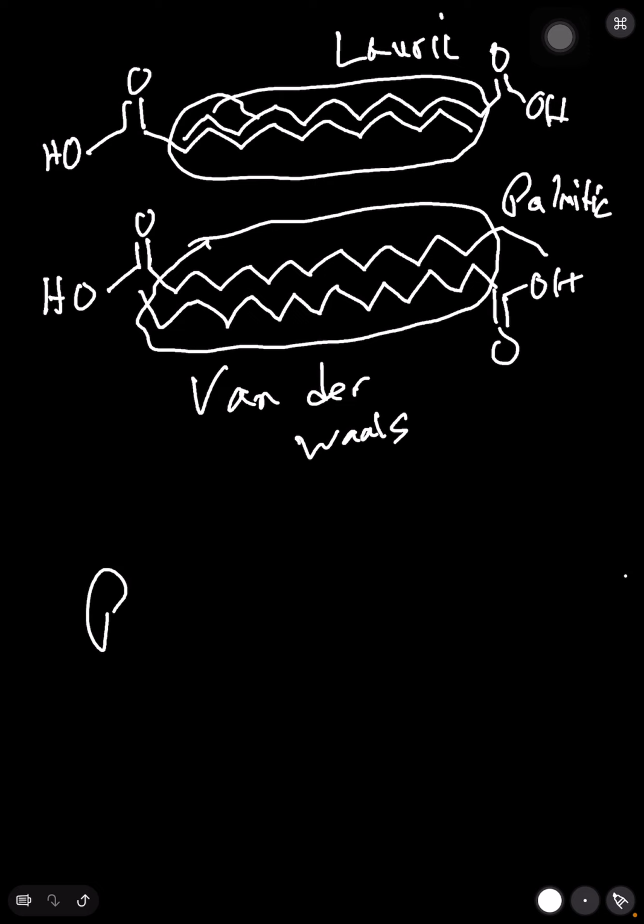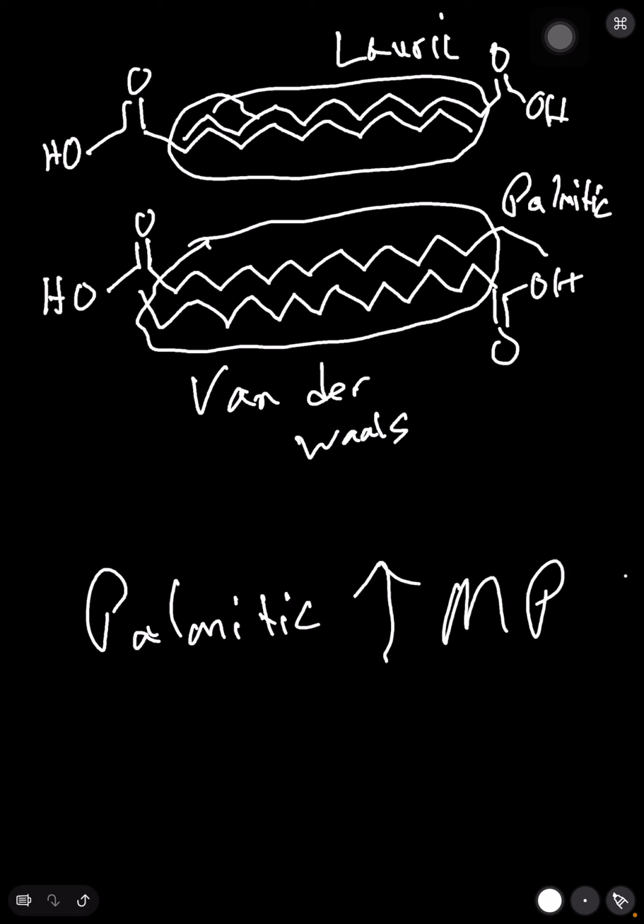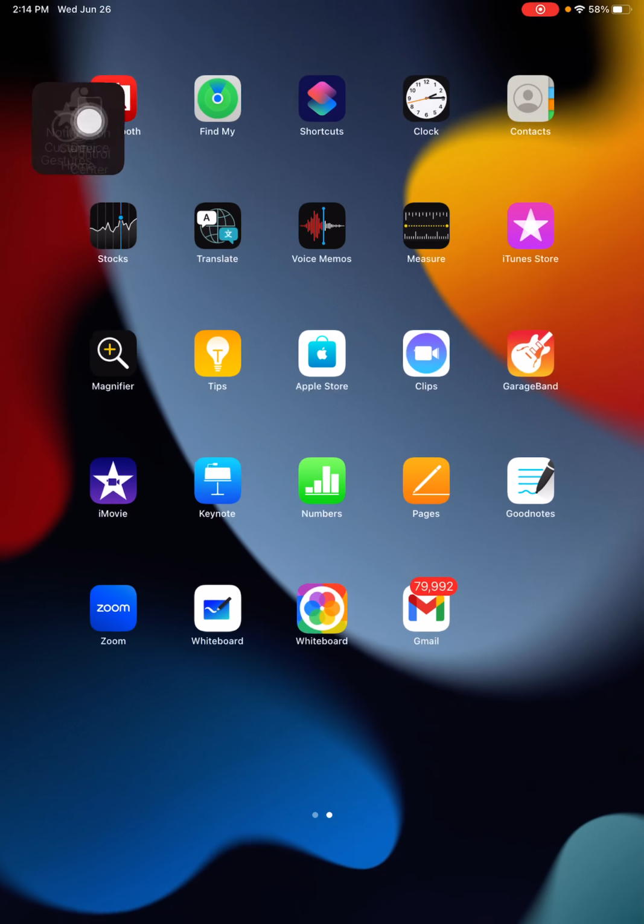So palmitic, for those reasons, is going to have a higher melting point, just because of the accumulation of these interactions. All right? That's not the only factor, though, that's important in melting point in fatty acids.